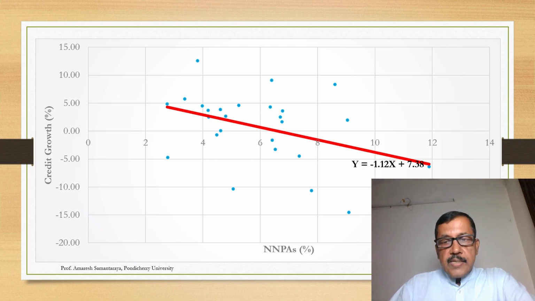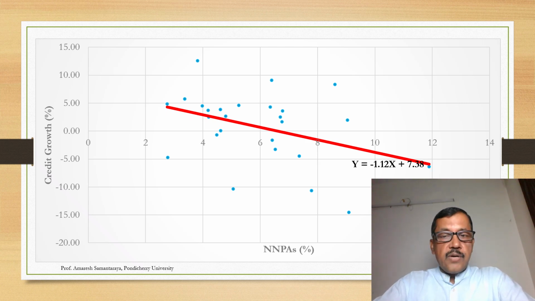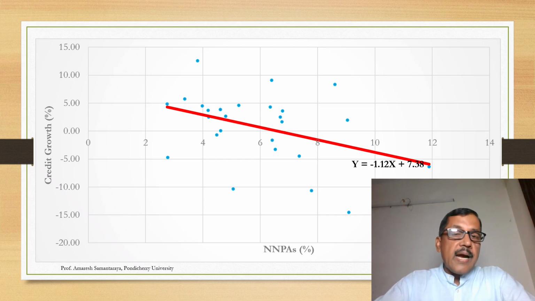So here 7.38 is the estimate for beta 0 and negative 1.12 is the estimate for beta 1. Here x is NPA, y is credit growth, and this scatter plot, as I repeat, gives the pairs of relationship between credit growth and NPA for 30 banks in India around 2016, and I'm trying to use a simple econometric model to explain the relation between NPA and credit growth.